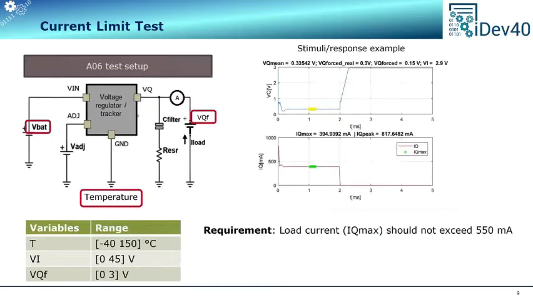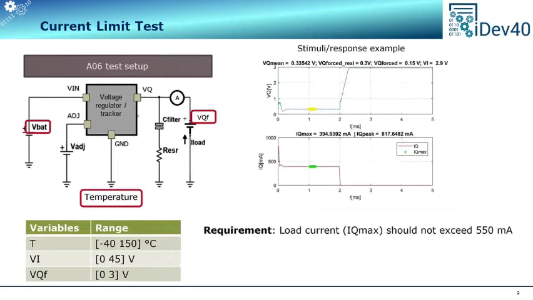In order to better understand the solution, let us discuss the test setup. In the middle we have the voltage regulator. The varied operating conditions are the battery voltage, the temperature, and this voltage source that is connected here at the output of the voltage regulator.